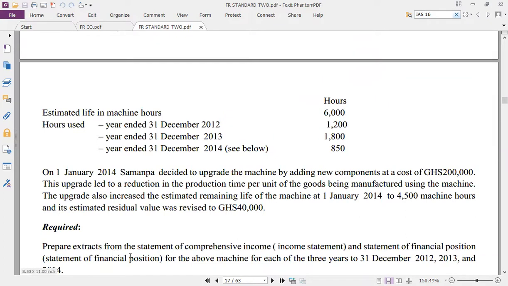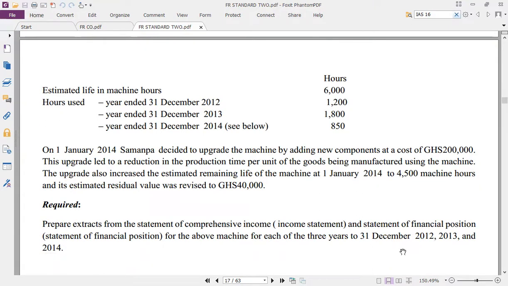Prepare the extracts from statement of comprehensive income, which is income statement, and statement of financial position, which is balance sheet, for the above machine for each of the 3 years, 2012, 13, and 14.